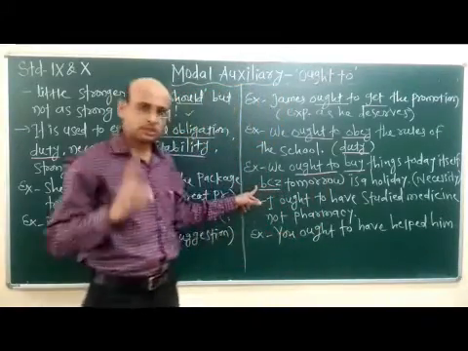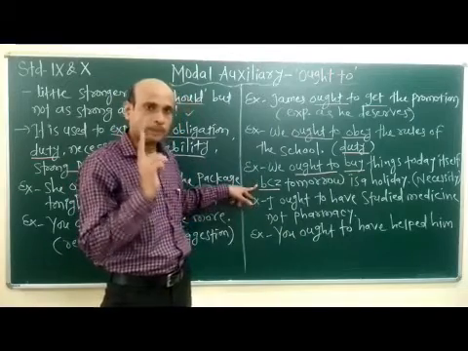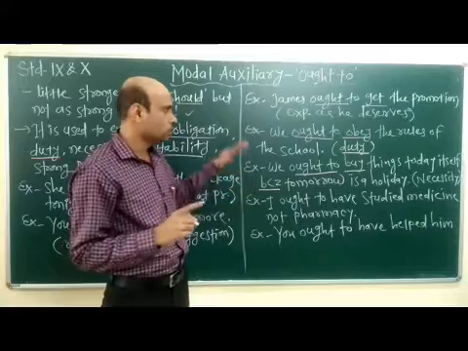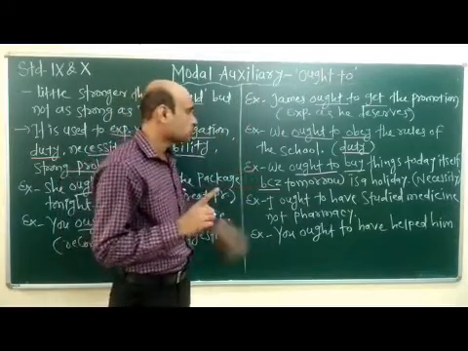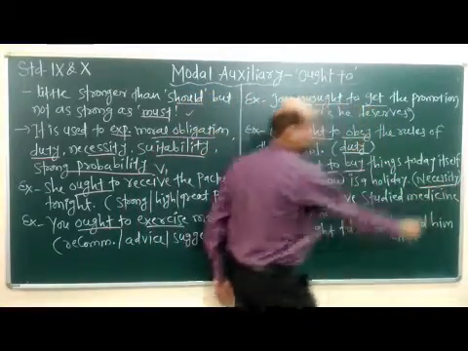But in your answer sheet, use the complete word, all the letters. Only due to lack of space I wrote it here. Am I clear? So we ought to buy things today itself because tomorrow is a holiday. It shows necessity.